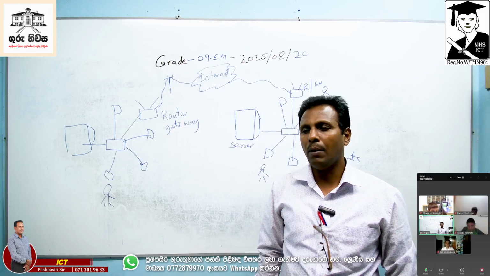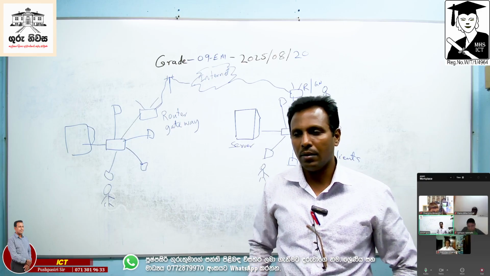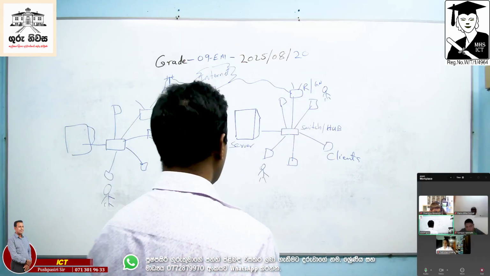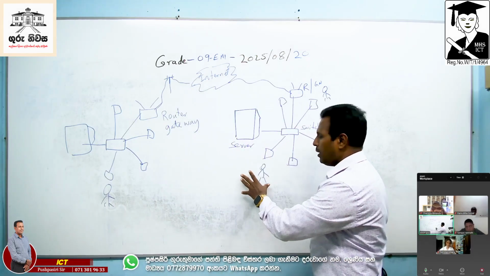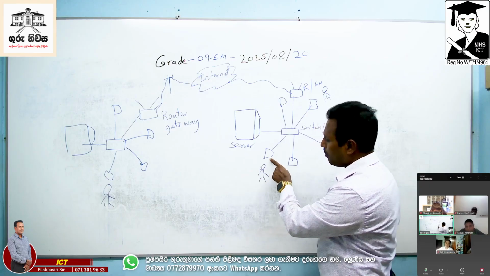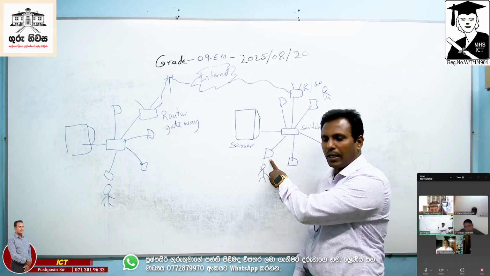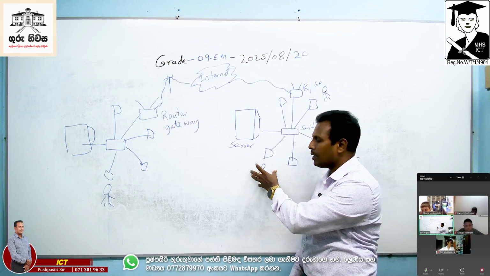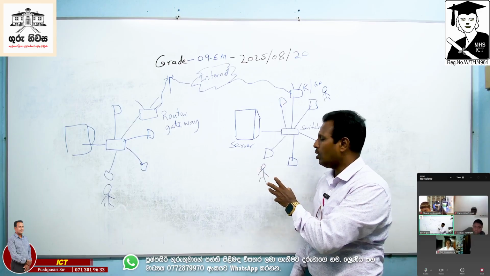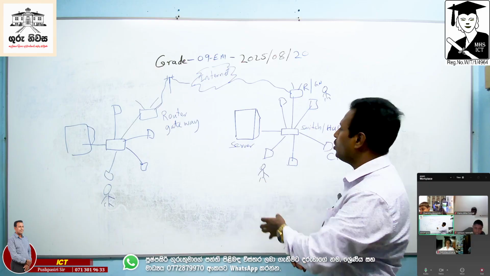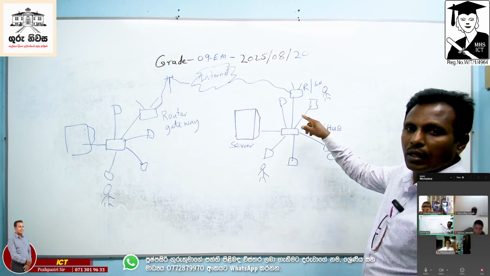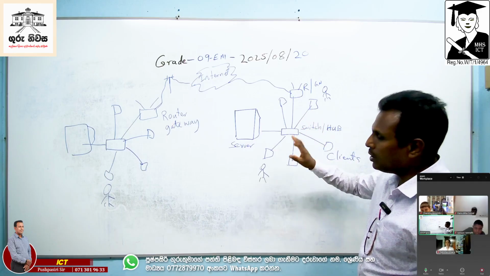Now for example, I am in this network, and Amana is here. Say she creates a PowerPoint or something. She creates something very important, very nice and beautiful. If she wants to share it with this person here in the same network, there is only one thing she can do.